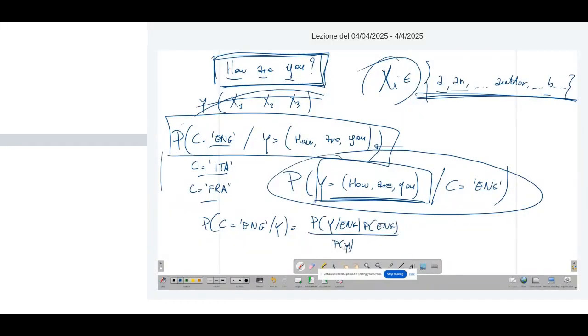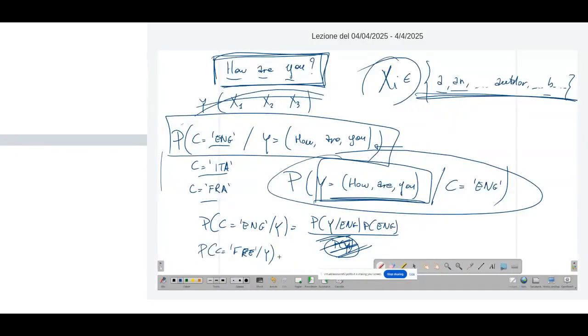But I hope we understood now that we don't really care what the value of the marginal is, because once we have computed all the joints, we can always compute it, but in any case, we won't need it when we want to do the class assignment, because it will not affect which class has maximum probability.